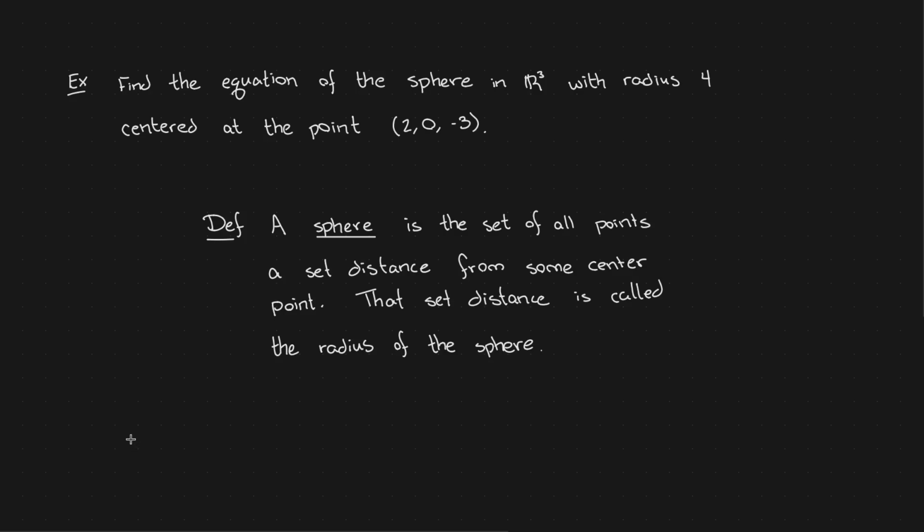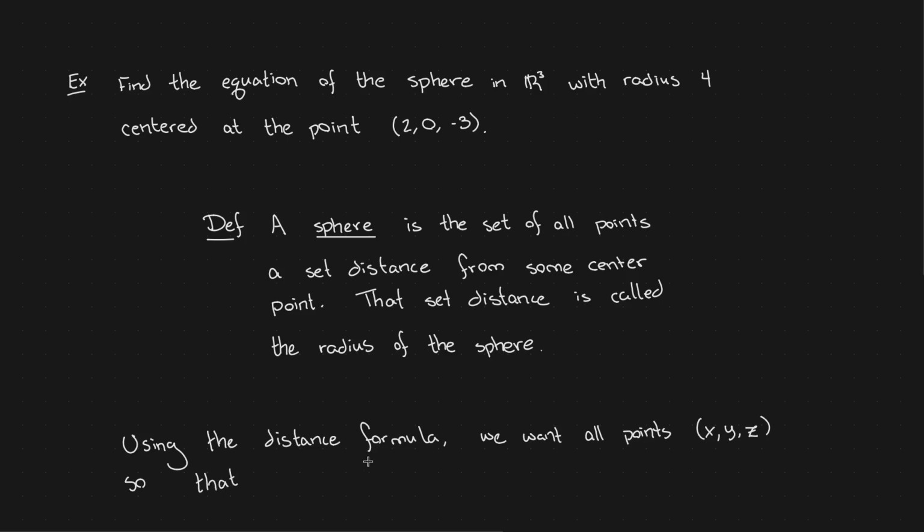So using the distance formula, we want all points x, y, z so that if I look at the distance between that point and the center, the distance should be 4, right?